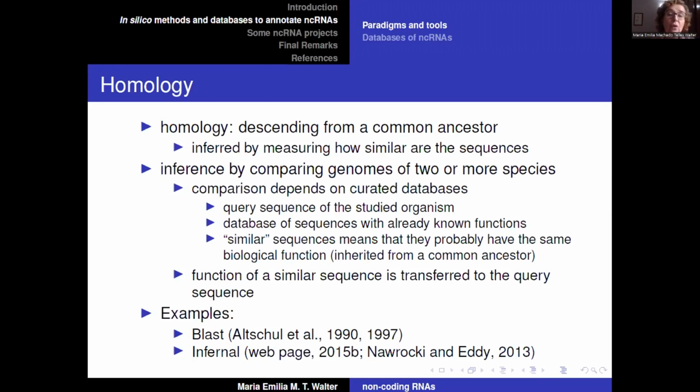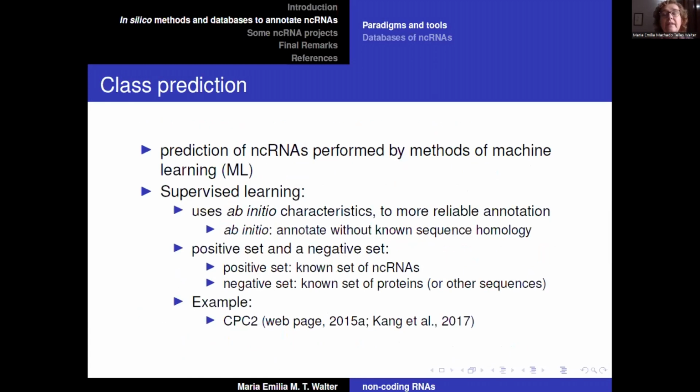Very well-known examples are BLAST, which I mentioned before, and Infernal. Infernal means inference of RNA alignments, and it essentially follows the homology paradigm. Next, please.